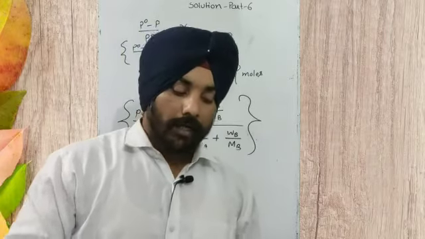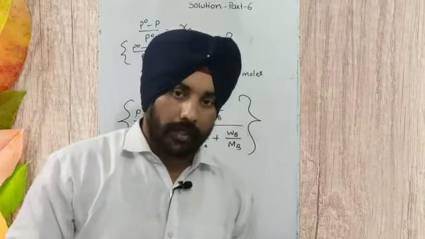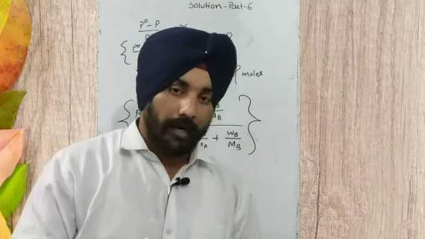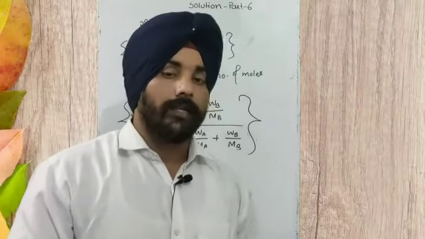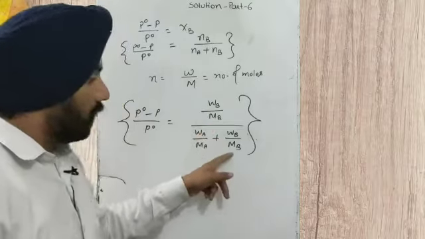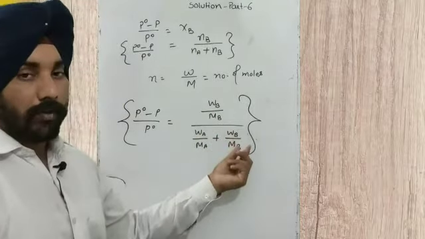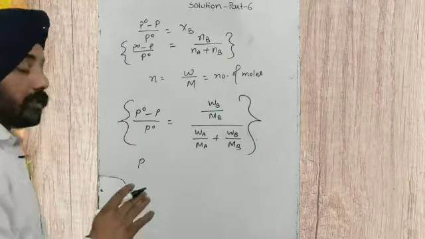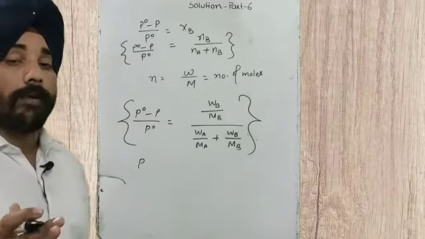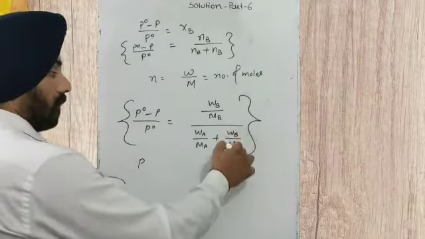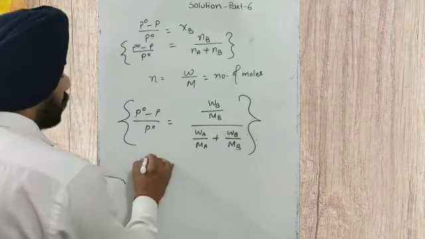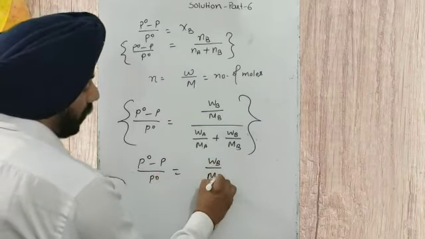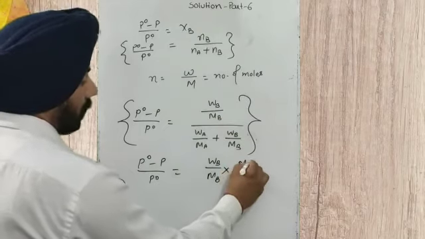Solution is dilute means the solvent part is taken in large quantity, that means water is taken in large quantity. In that condition, for this kind of question, you have to neglect the number of moles of the solute from the denominator part. So keep in mind, if the number of moles of solvent is larger than the number of moles of solute, you have to neglect this part from the denominator. So P naught minus P upon P naught is equal to WB upon MB, and this we can write as MA upon WA.